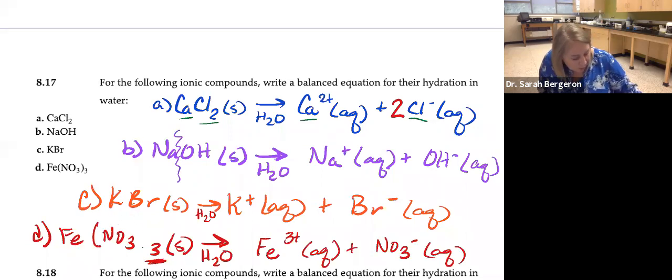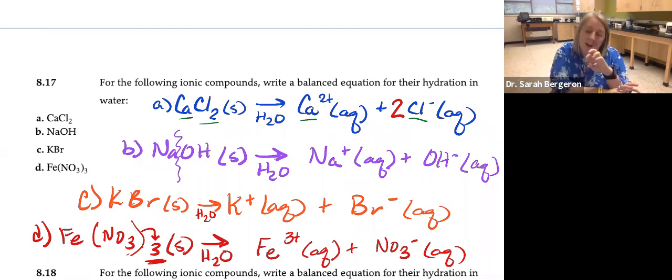I had Fe(NO3)3. Okay, so what I can see is I have 3 of these polyatomic ions that are NO3. This is what that means, because this subscript is outside of the parentheses. That's telling me that I have 3 of those NO3 polyatomic ions that are attached to the iron. So when they disassociate, I'm going to end up with 1 iron atom at the center, right? And then I had 3 polyatomic ions surrounding it, bound to it in an ionic bond.